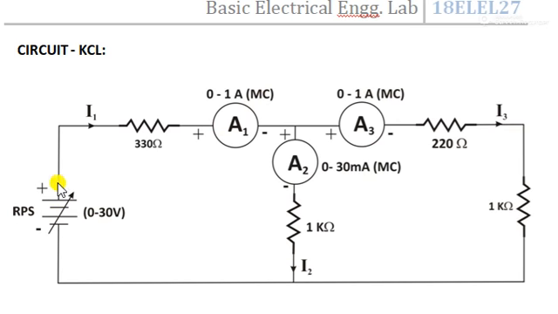Here the regulated power supply is connected in series with a 330 ohm resistance, and this 330 ohm is connected in series with ammeter A1, which is 0 to 1 milliamperes, A2, that is 0 to 30 milliamperes, and A3, that is 0 to 1 milliamperes, and one more resistance, 1 kilo ohm, is connected. This is how you can make the connection. These are connected in series, and this is also connected in series, and all the branches are connected in parallel. So this is the required circuit for KCL.